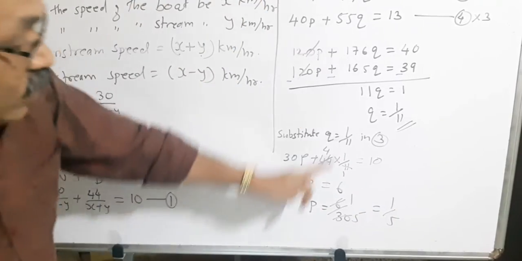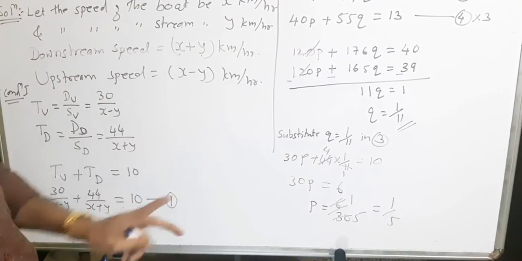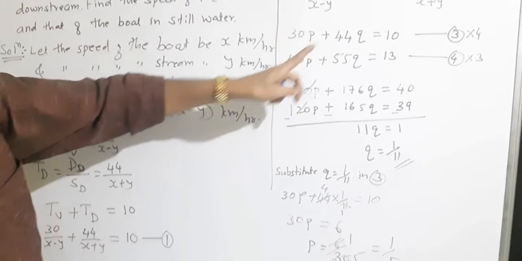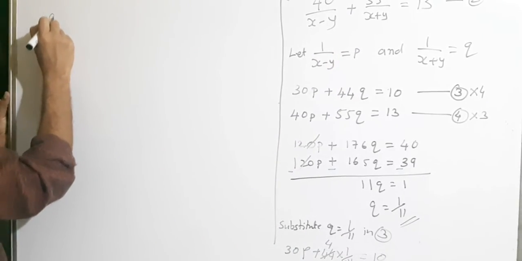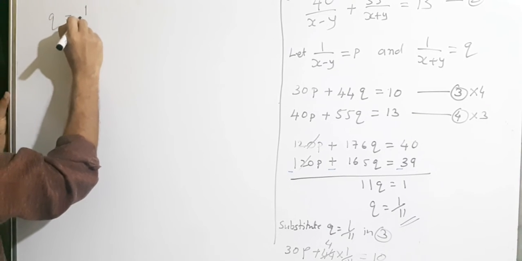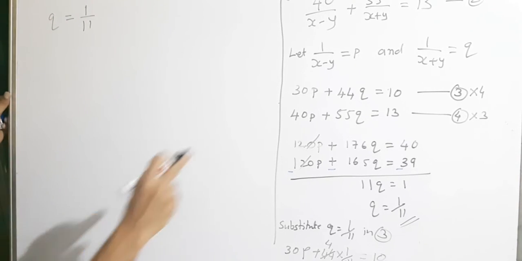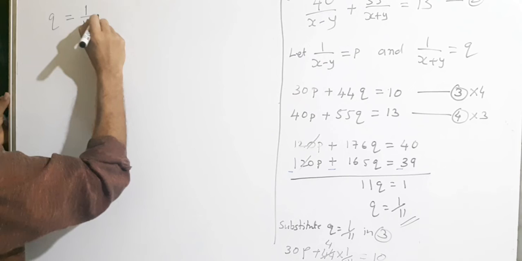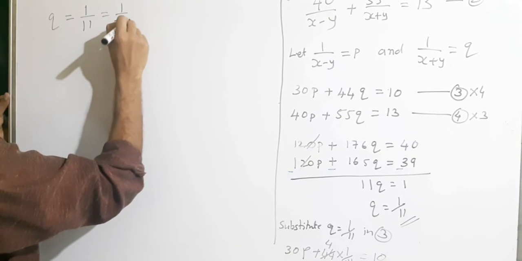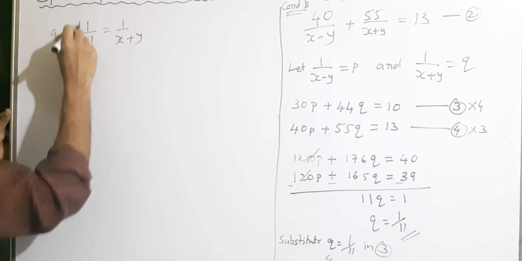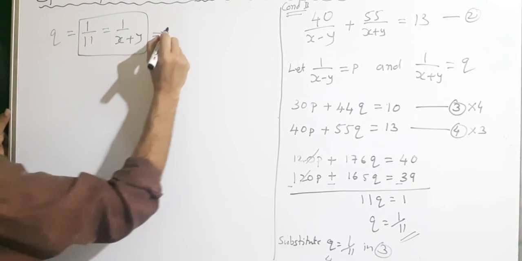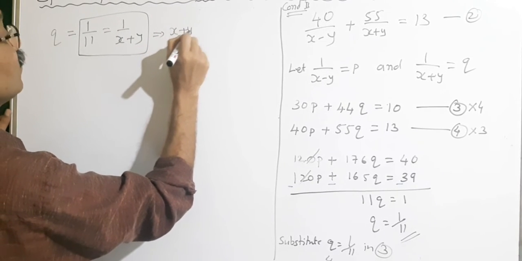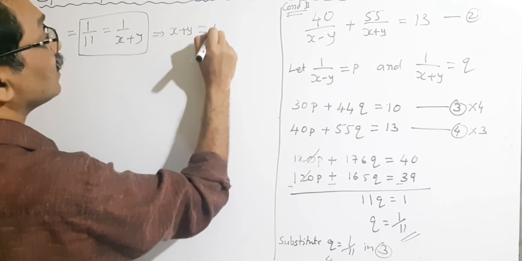So p and q are not our original values. We want to find the values of x and y. So we have to resubstitute. We have q is equal to 1 upon 11, which is equal to 1 upon x plus y. By cross multiplication, x plus y is equal to 11.